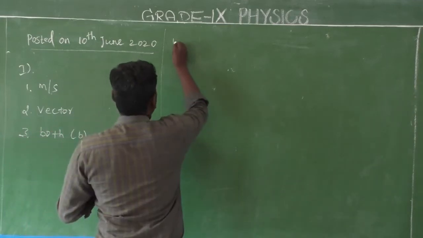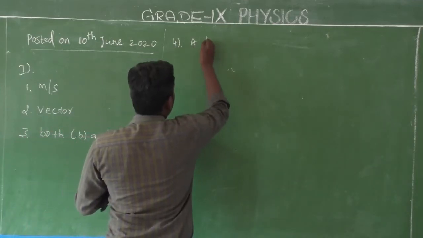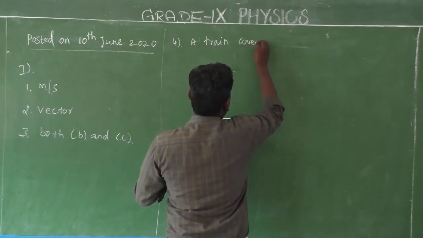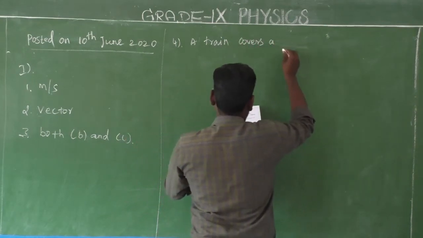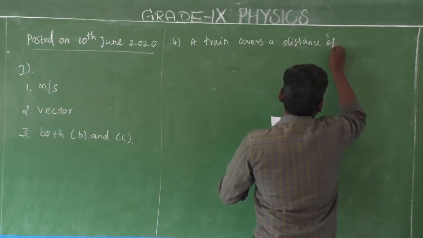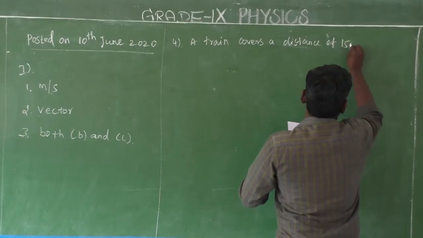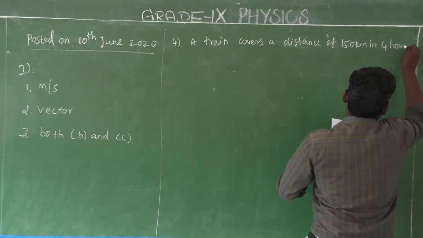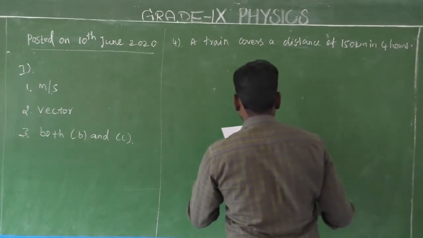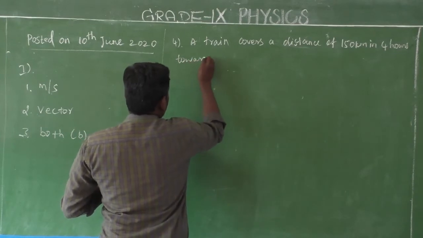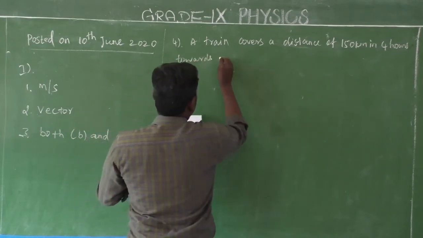Question number 4. A train covers a distance of 150 kilometers in 4 hours towards west direction.